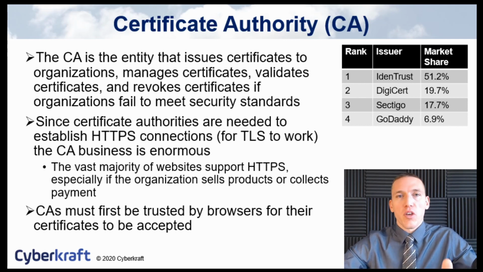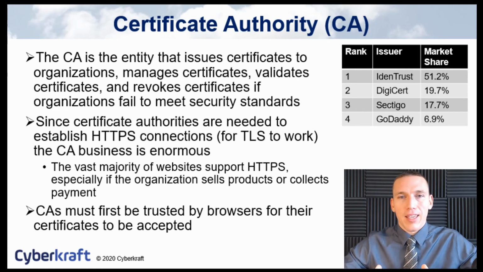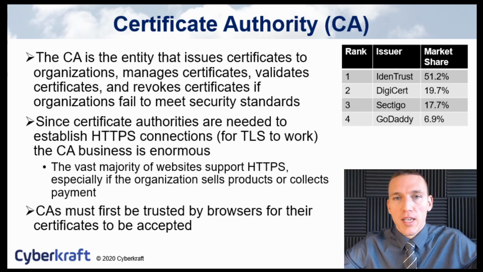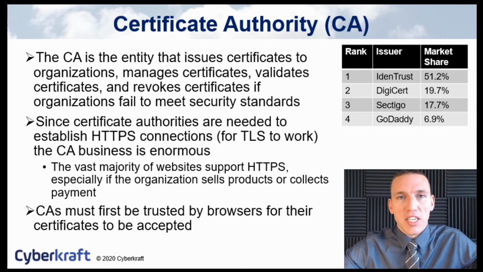The vast majority of websites within the world support HTTPS, and it's almost become a standard nowadays for a website to provide secure communication, even if the website doesn't necessarily need it. Sometimes watching cat memes isn't really something that you need to have encrypted, but still most websites will opt to have HTTPS connections anyway.